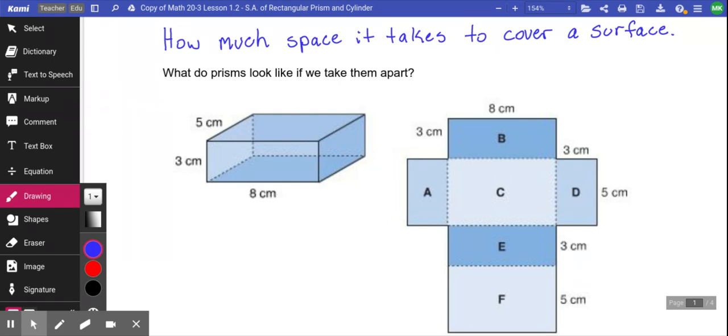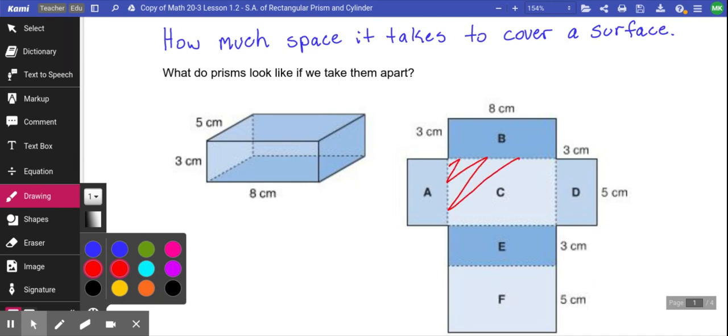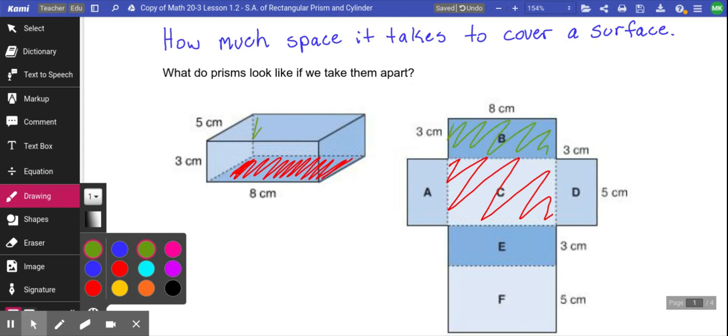So for instance, this right here is the bottom of the box. And then part B is like this back sheet right here, if it would just fold down. So this part right here is this back side.